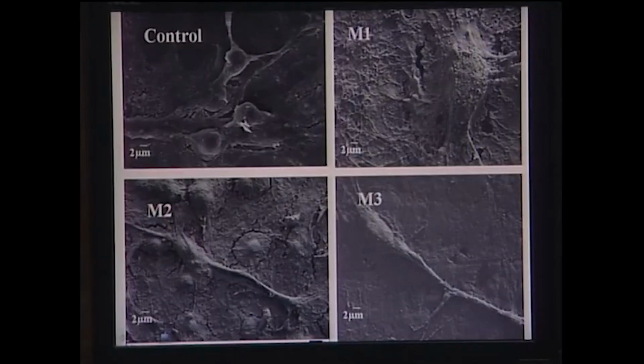Now coming to the in vitro cell compatibility testing, or cytocompatibility testing, we have used the SaOS-2 cell line. SaOS-2 is a human osteoblast-like cell, and these osteoblast-like cells were seeded for 24 hours on these materials. This is your control sample.